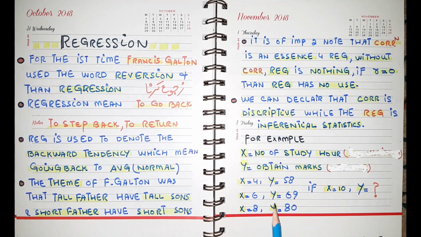And for example, if I want to predict what the marks will be if I study 10 hours, the correlation fails at this stage. This is not the work of correlation. Especially here we use regression, because regression tells us, if we take x is equal to 10, what will be the value of y, what will be the predicted marks, what will be the estimated value of y.